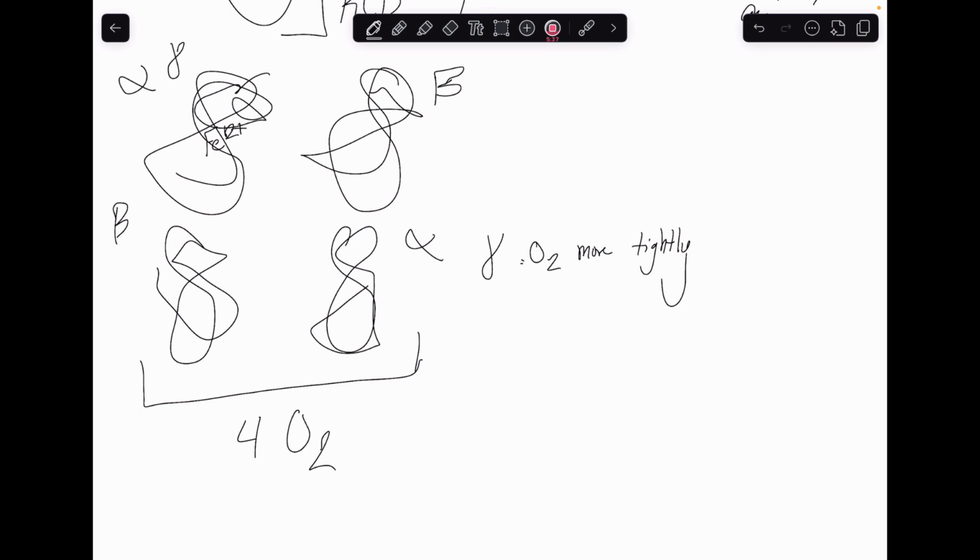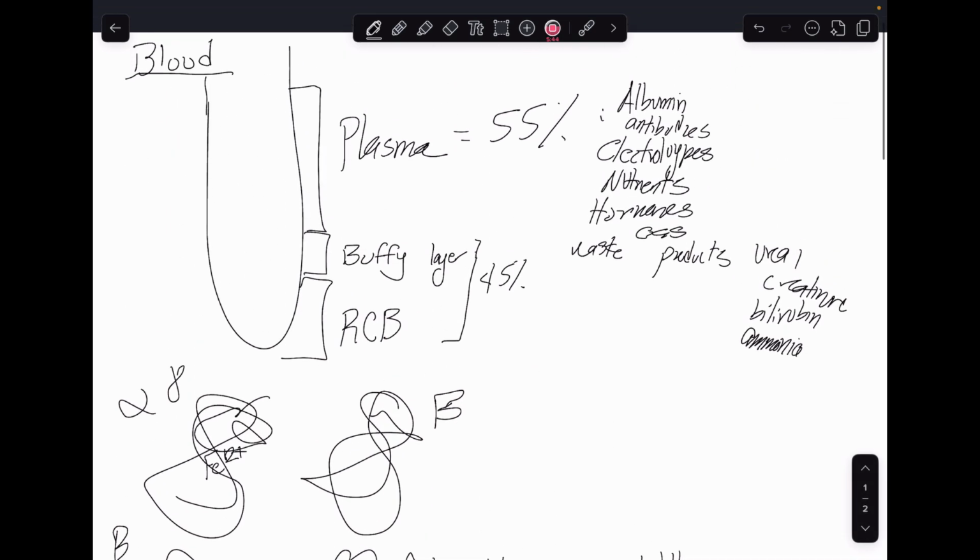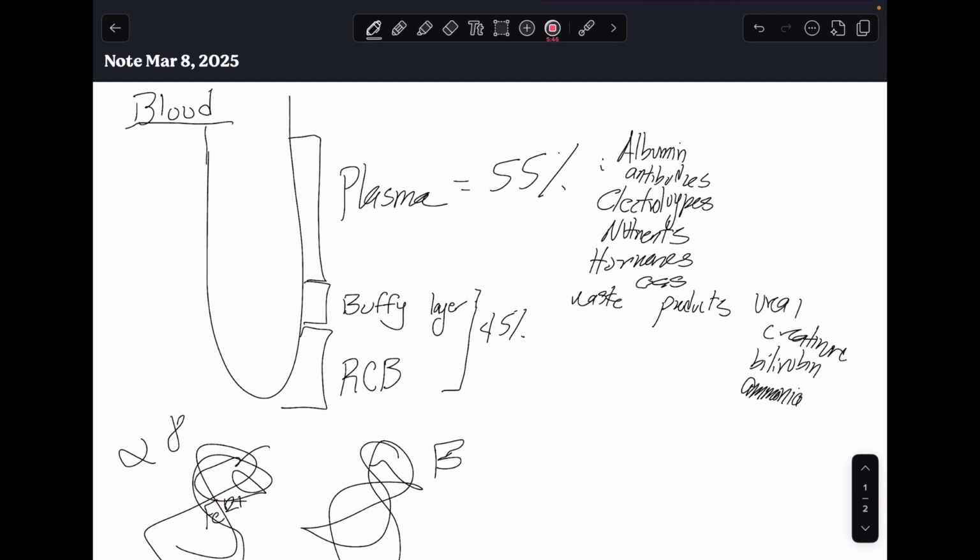Not today, though. But anyways, yeah, so within our formed elements, we have hemoglobin, like we were talking about. Red blood cells, which are carrying hemoglobin. Hemoglobin's on the red blood cells. Anyways. We have white blood cells, part of our buffy layer.